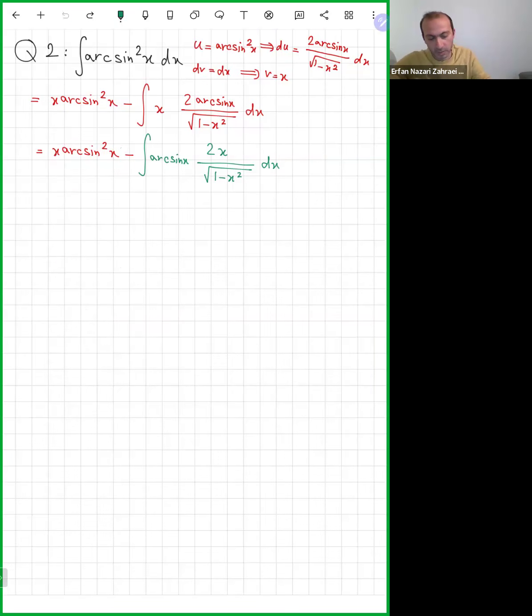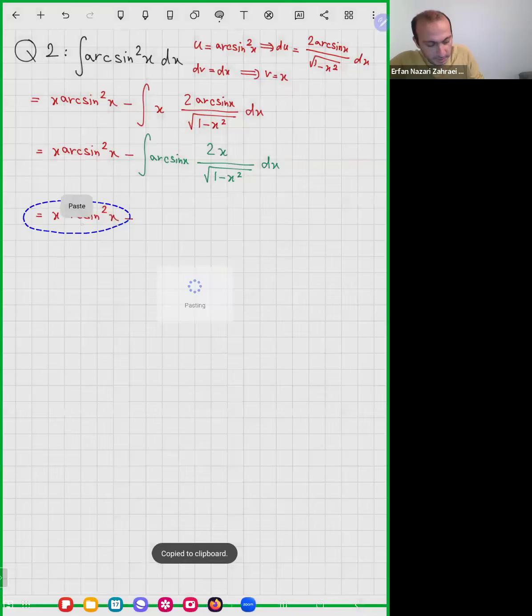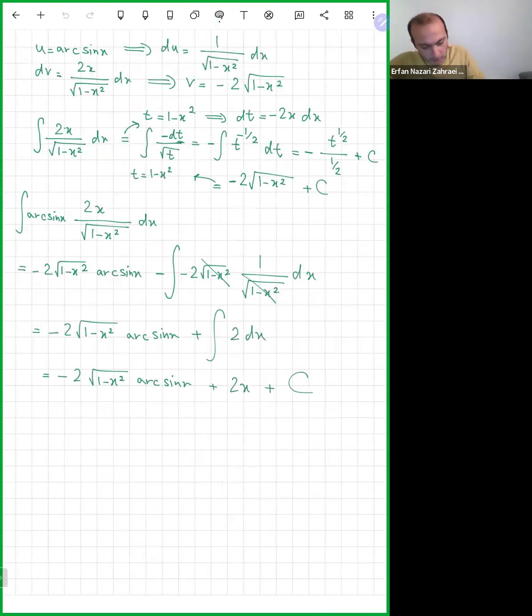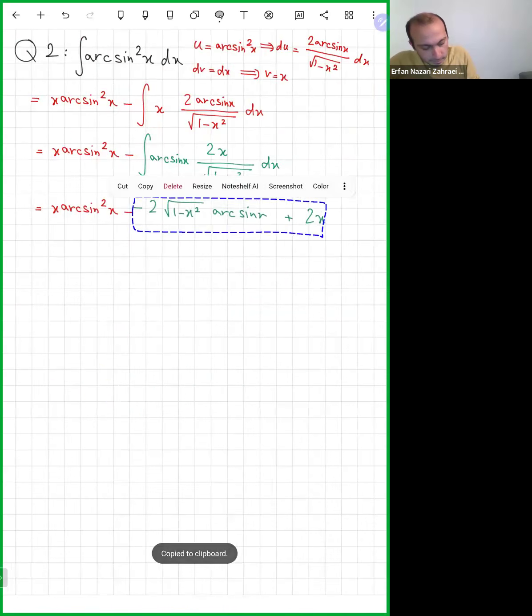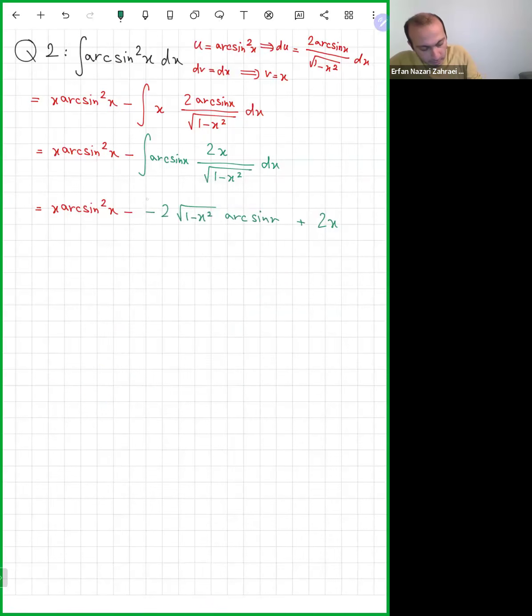So I did that computation separately. Now that I have the answer, I plug in here. So the final answer is this minus the answer of this one that I computed separately. And don't forget to add a general constant. That constant should be added whenever there is no indefinite integral anymore.